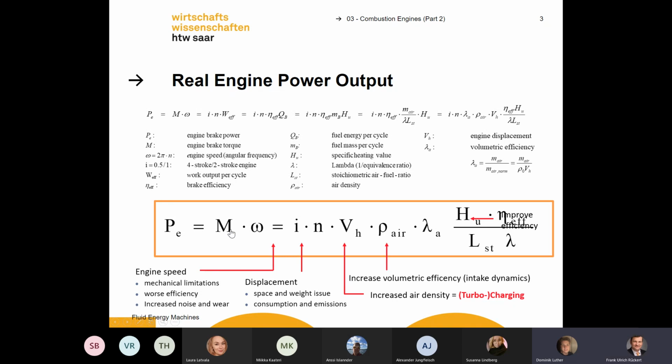Yeah, that has something to do with the ideal gas law. You can insert the pressure, or you can just use the ideal gas law to calculate the density depending on the pressure, and then you have the density. It's the same formula, more or less.